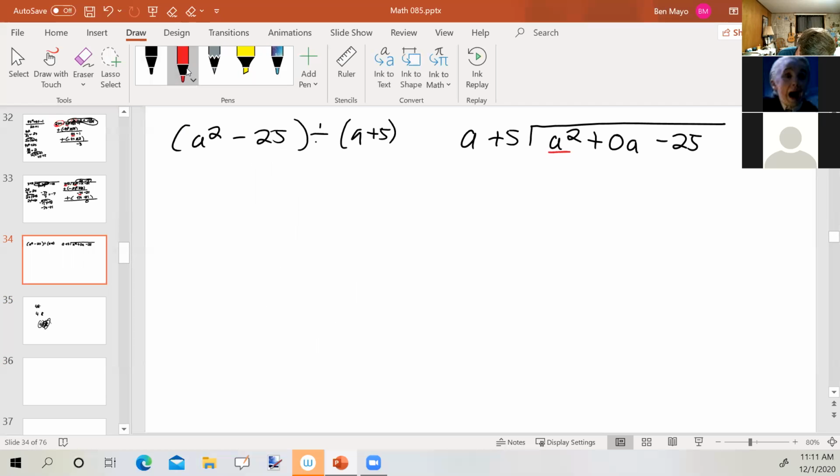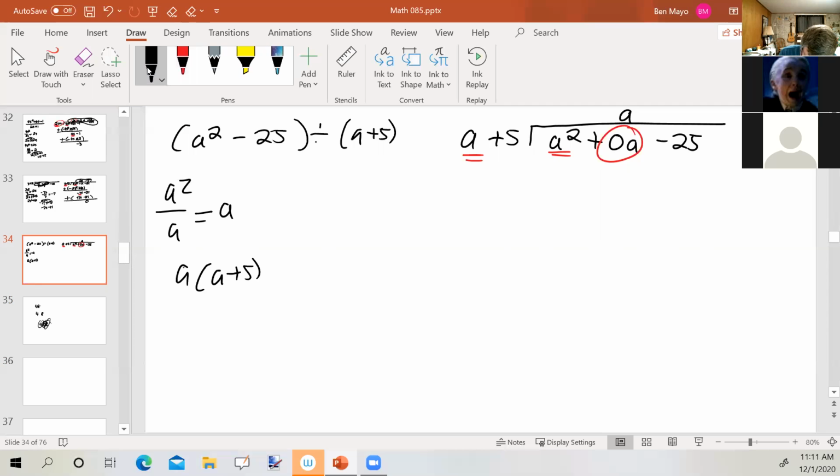Now going back and focusing on the leading term divided by the leading term, we get a, and it goes in that column where the a's are. And we take a times a plus 5. Again, I want to focus on 0a has no value, so we haven't changed the problem. We've just created a column to put the a terms in.